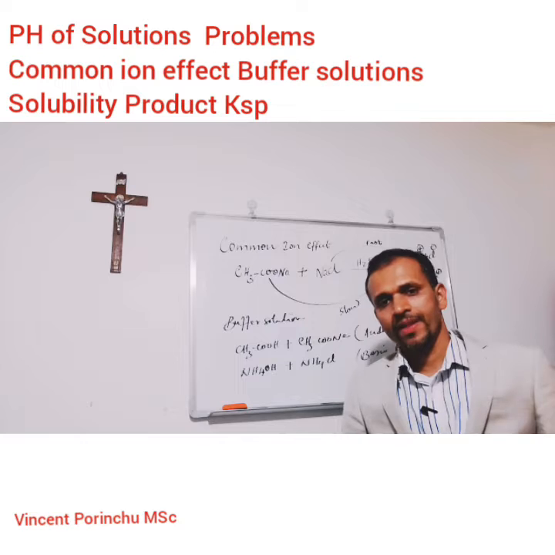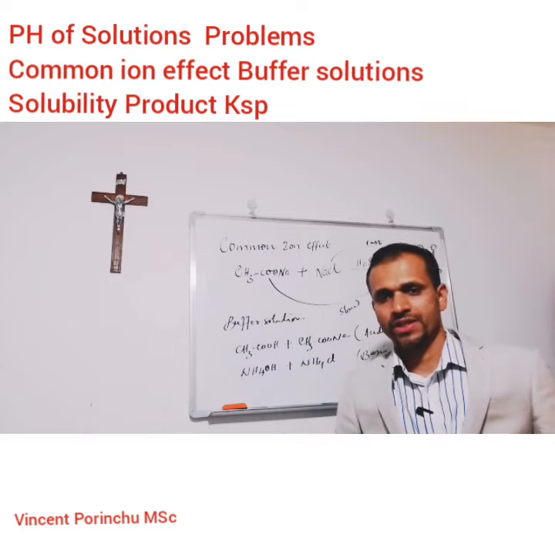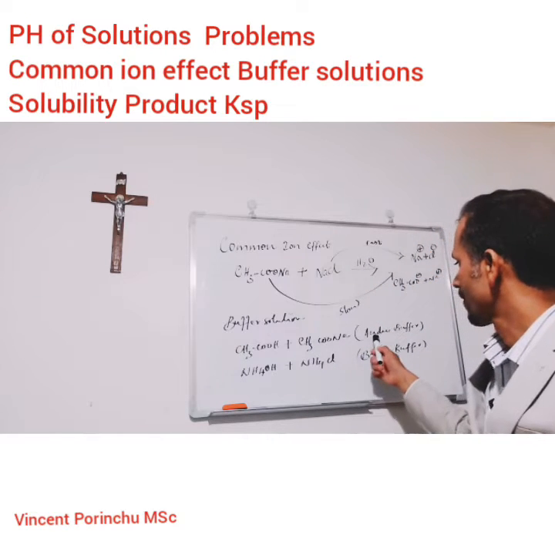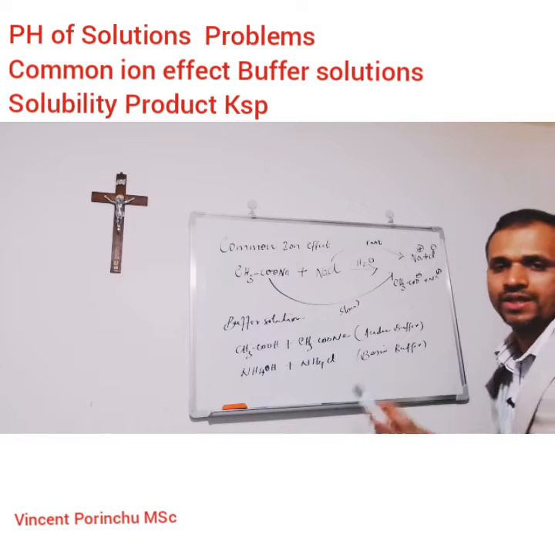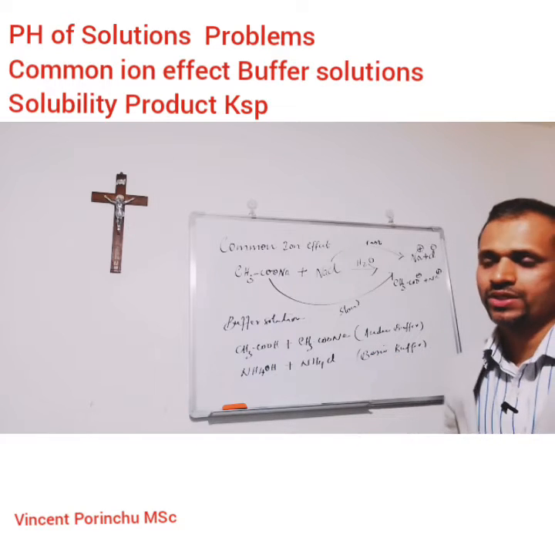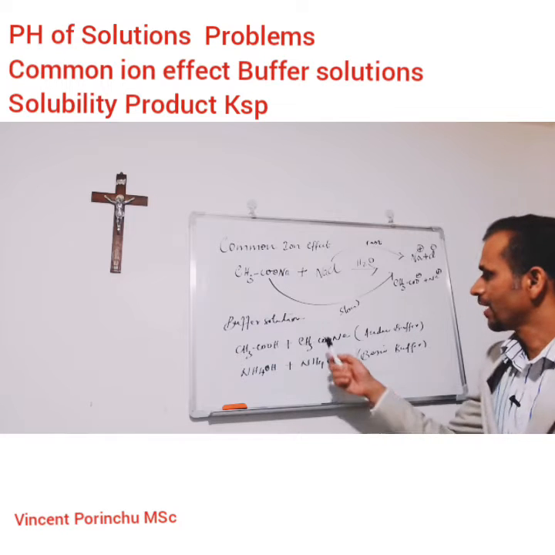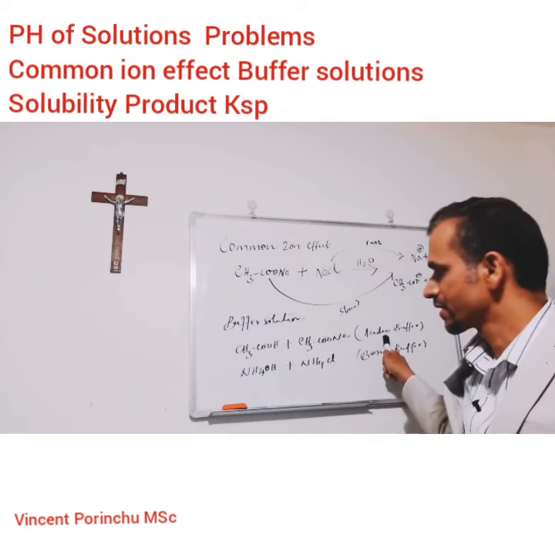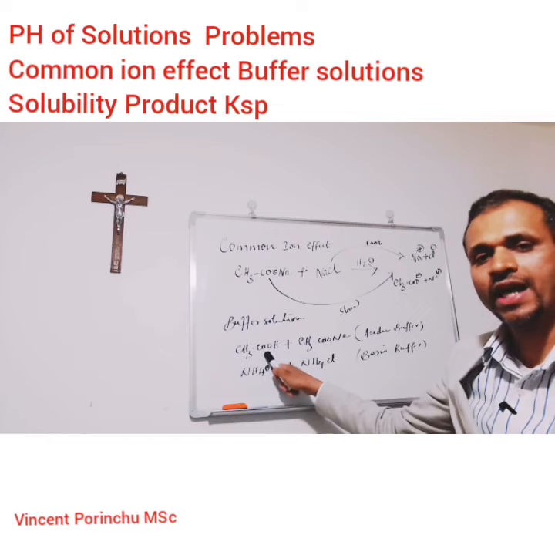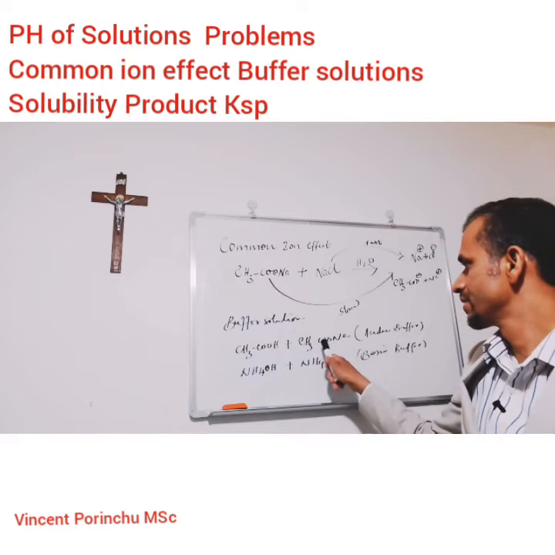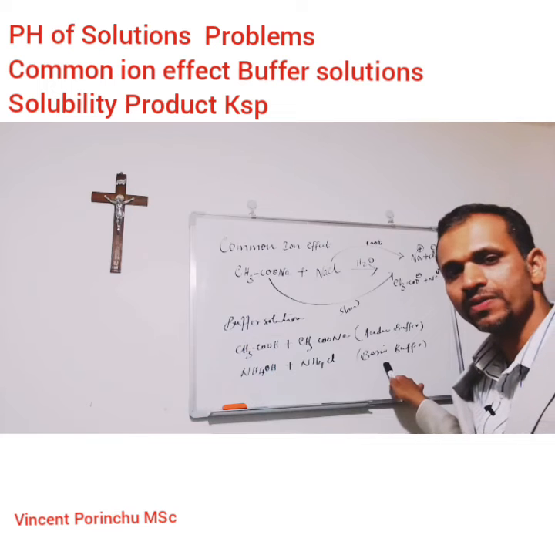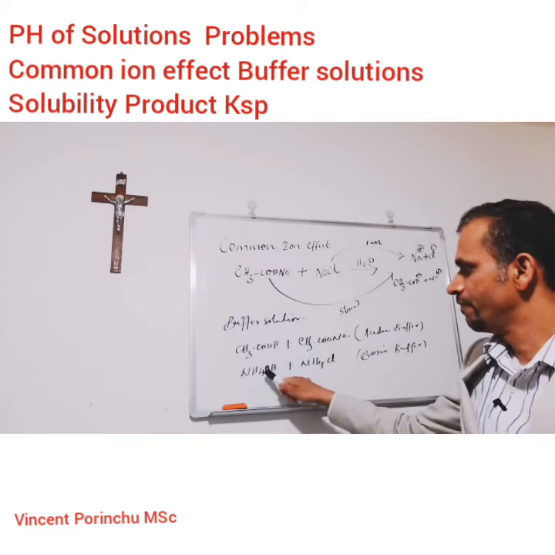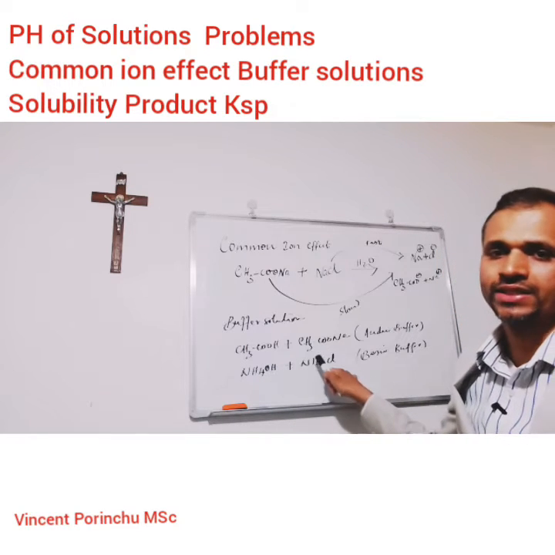Generally there are two types of buffer solutions: an acidic buffer solution and a basic buffer solution. An acidic buffer solution is formed from a weak acid and its salt, and a basic buffer solution is formed from a weak base and its salt.